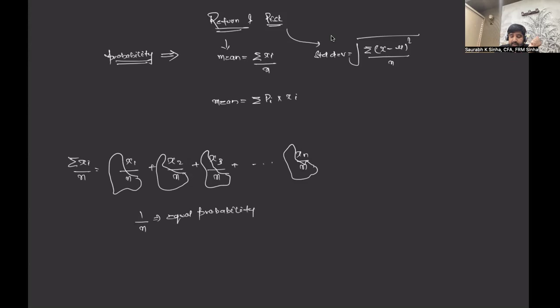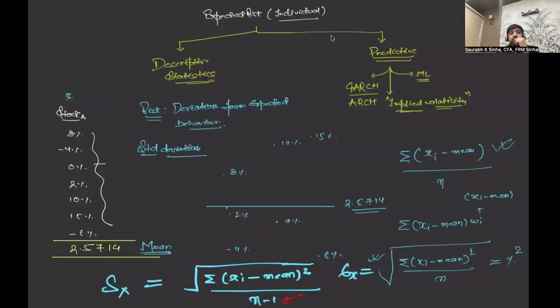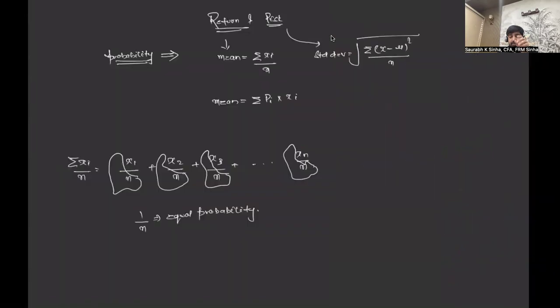What does it mean? It means that the probability of 3 occurring, or minus 4 occurring, or 0 occurring, 2 occurring, 10, 15 and minus 8% is equal. That is 1 by 7. And that's why you're using the formula summation of xi upon n.